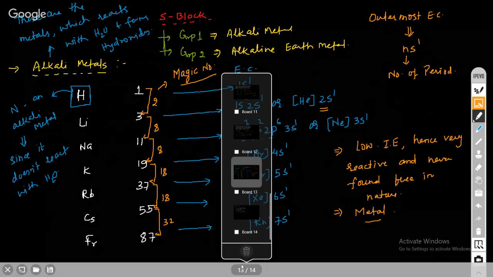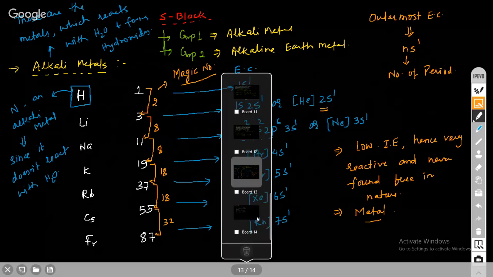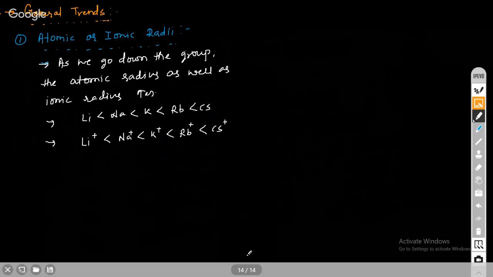This is the first shell, second shell, then third, fourth, fifth, sixth shell. When going down the group, we are adding an extra shell since the number of electrons is increasing. All these electrons fill into orbitals going away from the nucleus, so the radius increases. This is true for all the groups in the periodic table. There are a few exceptions, but the general trend is that down the group, atomic radius and ionic radius increase.